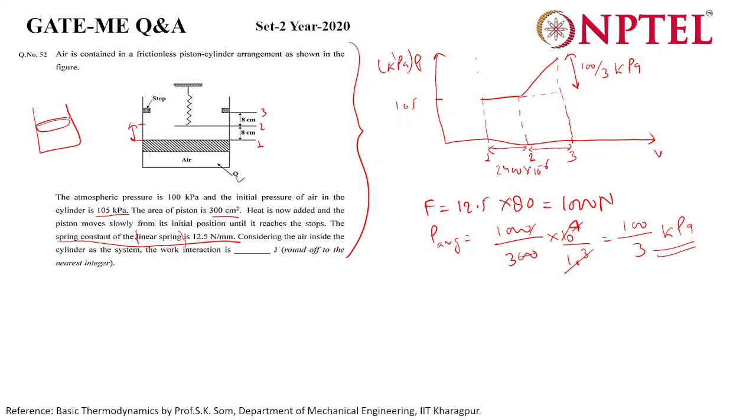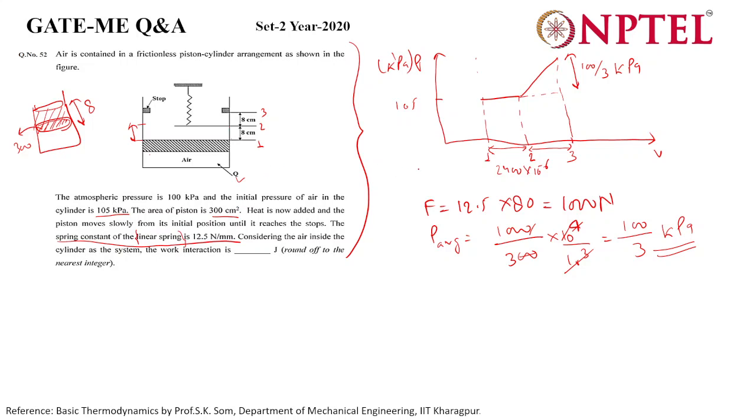Let's suppose this is the area, and whatever 8 is given, 8 is this length, right? And this area given to you is 300, right? So what would be this volume? 300 into 8, right?